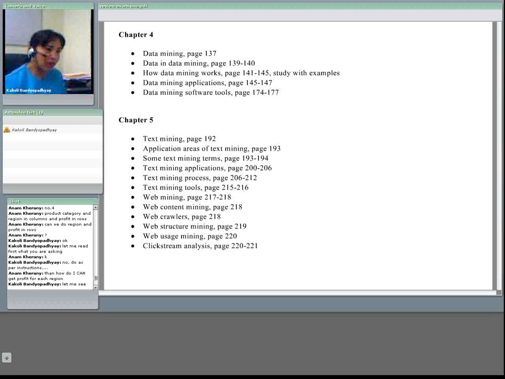There are a lot of application areas, like information extraction, topic tracking, summarization, categorization, clustering, concept linking, question answering, and so forth. There are some text mining terms like what is structured data, what is unstructured data, what is corpus, what is concept, what is stemming, what is tokenizing?